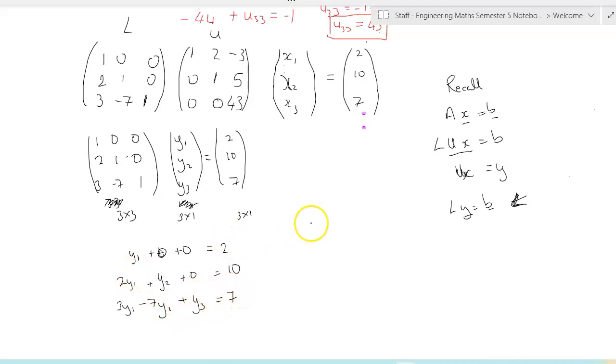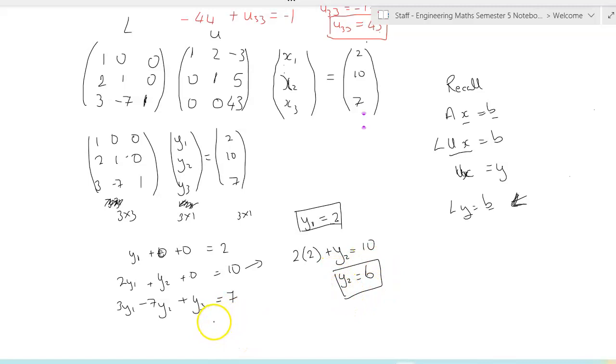So when we sort these out, we know now from this one here that y1 equals 2. Okay, and when we put that in, from this equation here, 2 times y1, 2 2's, plus y2 equals 10. That implies y2 equals 10 minus 4, which is 6.